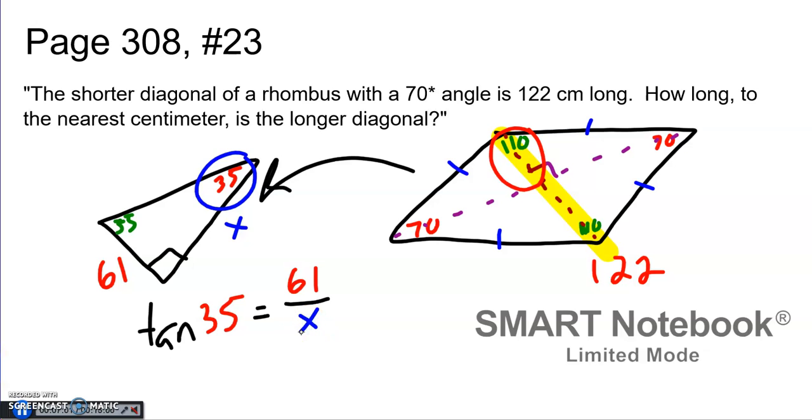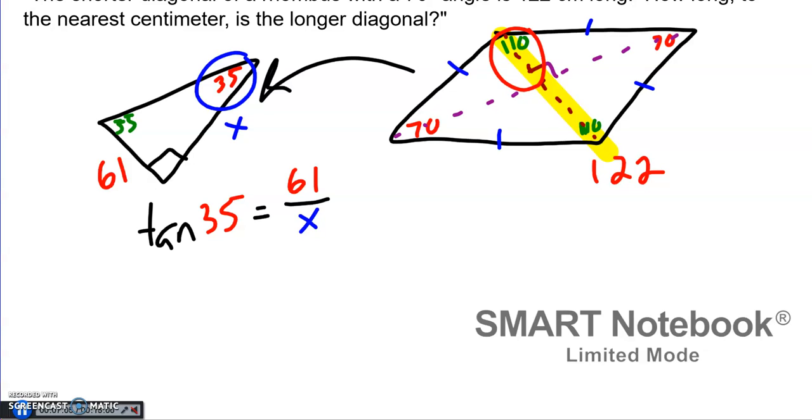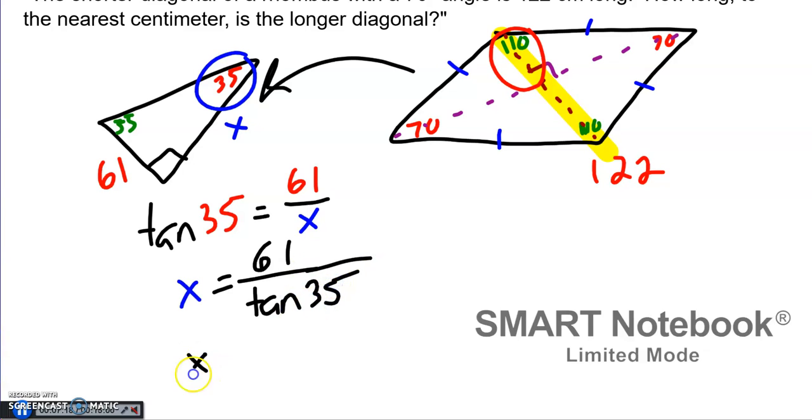So now we can just do a little flip-flop. So we end up getting x is equal to 61 over the tan 35. So we get that x when we plug it in. Let me punch it in real quick. Tan of 35.